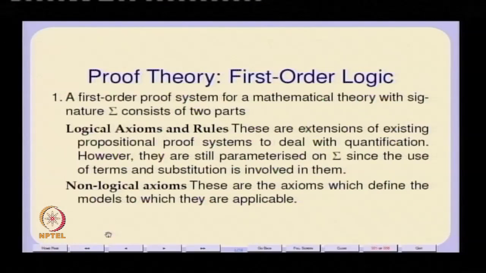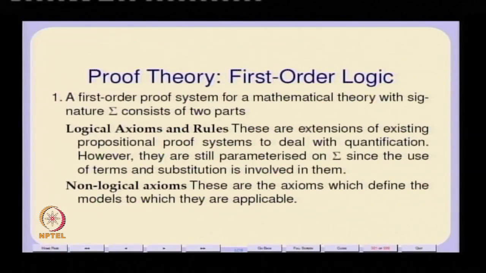Okay, so let's get into proof theory, and again we'll follow Hilbert's approach that we want essentially a proof theory of first order logic. What distinguishes first order logic from propositional logic is the existence of signatures and terms, right? And that's something we have to worry about in quantification.